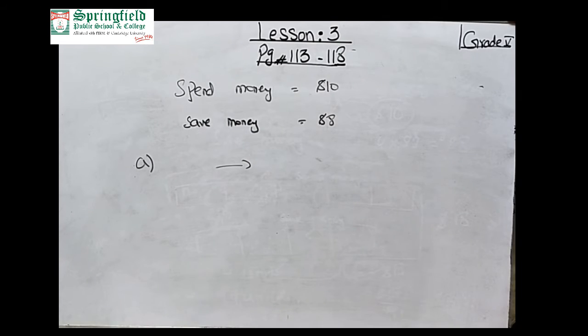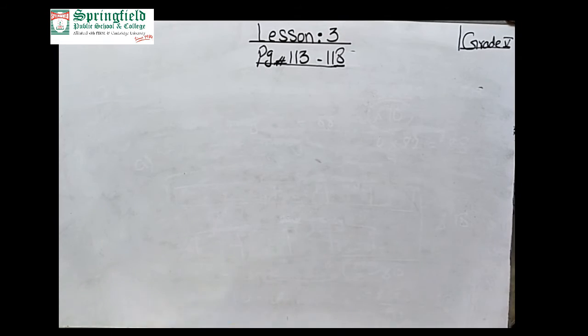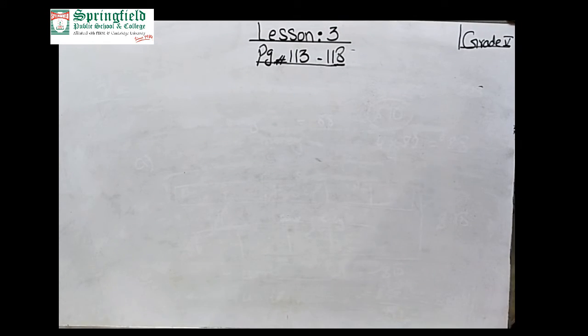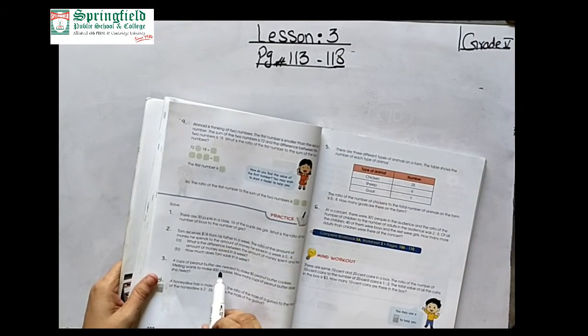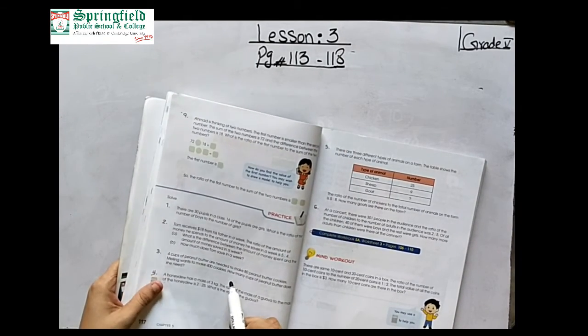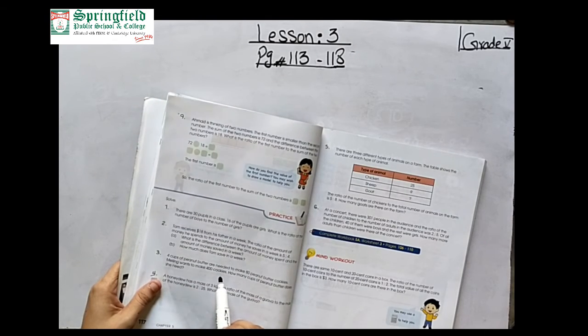Now come to question number 3. 4 cups of peanut butter are needed to make 80 peanut butter cookies. Millie wants to make 400 cookies.